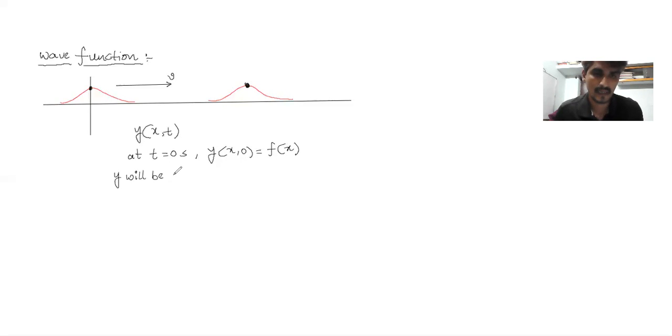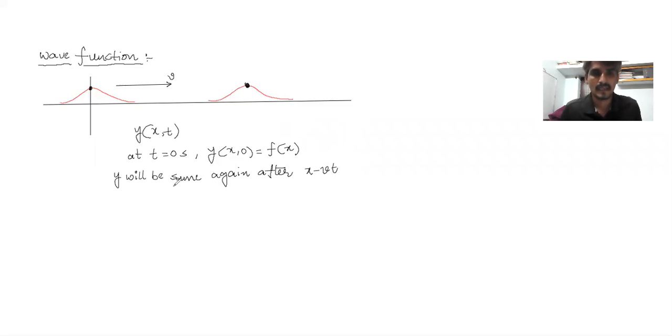Again after how much distance? Again after x minus vt. Suppose it is traveling as a wave, then y will be the same again after x minus vt distance.